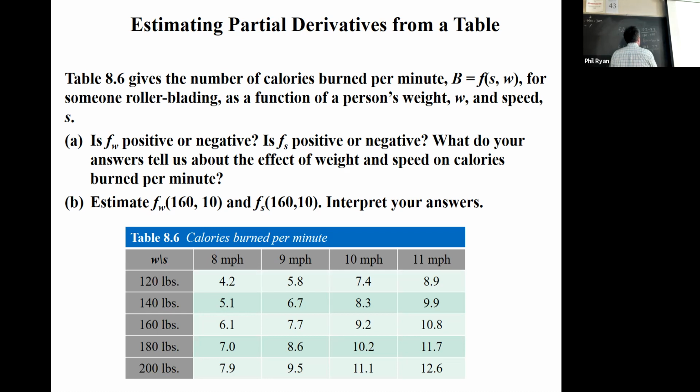And that's going to be calories per minute per mile per hour. And these numbers mean exactly what those units mean, right? This is how much increased calories we burn per whatever it is that we're studying, whether it's weight or speed.